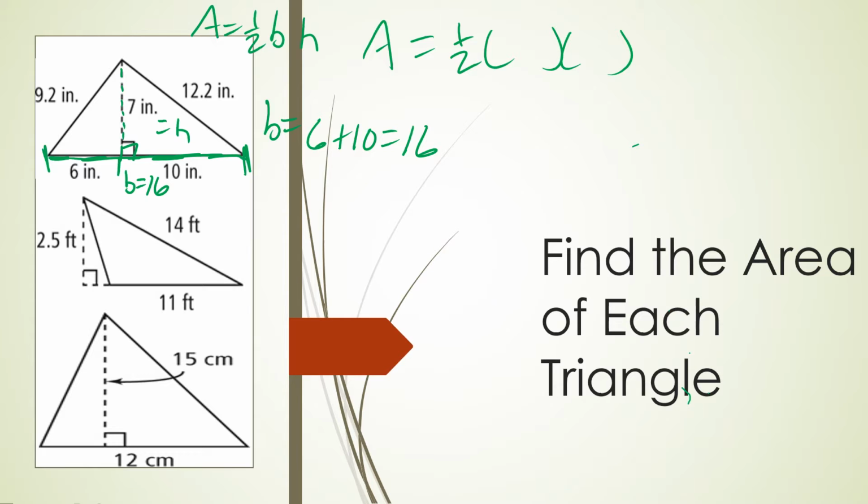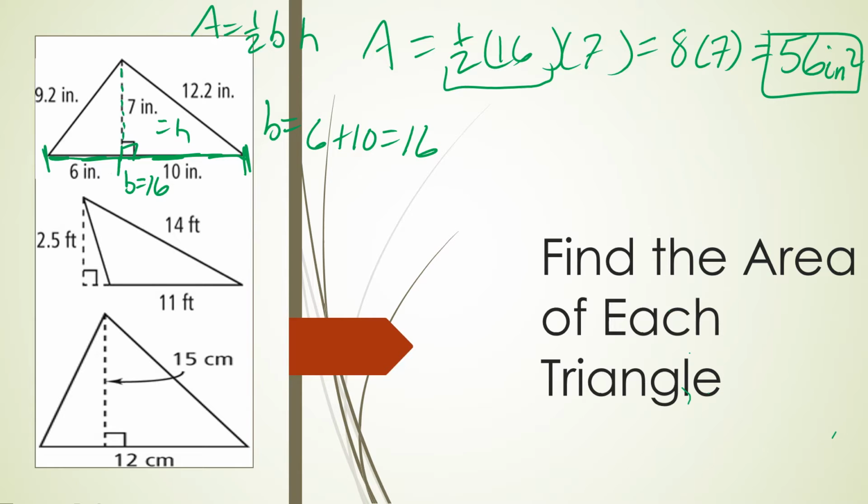My base is 16 and my height is 7. So 1/2 of 16 is 8, and we're multiplying it by 7. 8 times 7 is, of course, 56. So in this case, the area would be 56 inches squared.